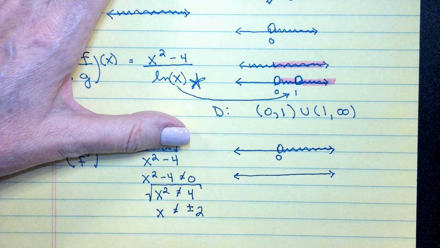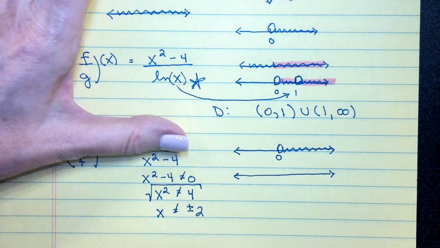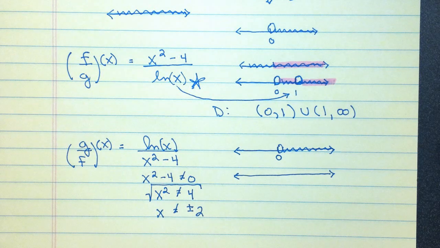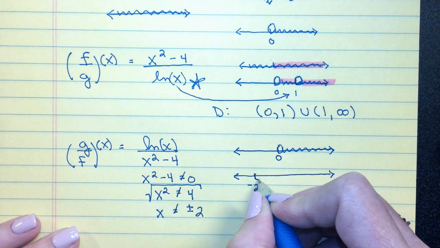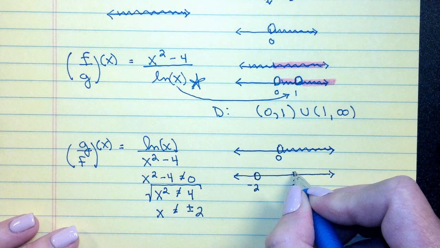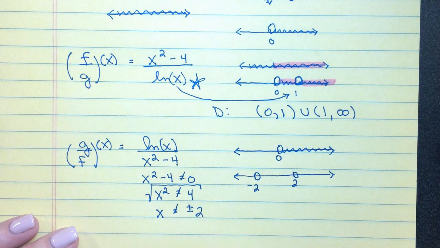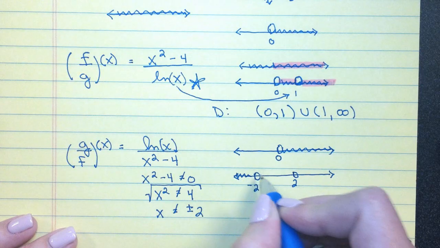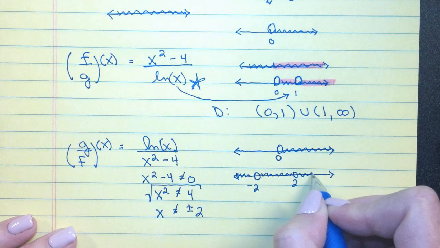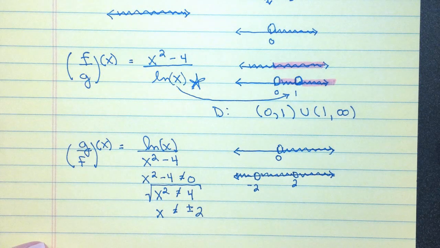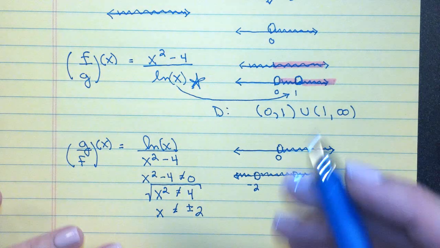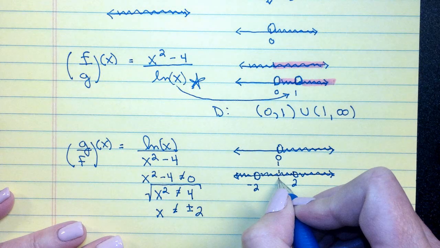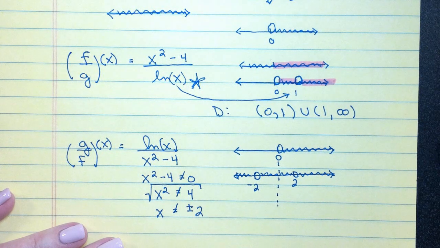All right, so I went from all reals on top to now a restriction at the bottom. So I have negative 2 and I have a positive 2. Okay? I'm still allowed all reals, just not there. Now, because I want to make sure I get it right on my test, I'm going to drop a dotted line down because this is where the picture starts at.